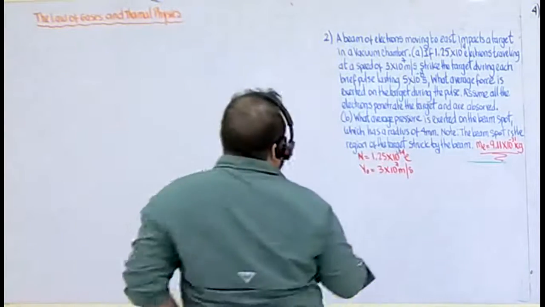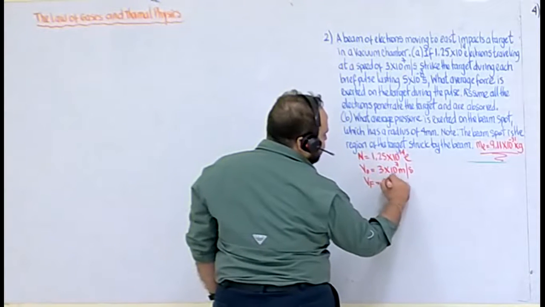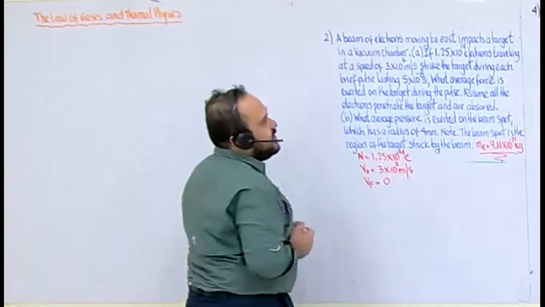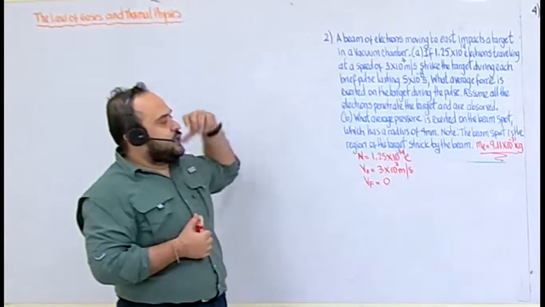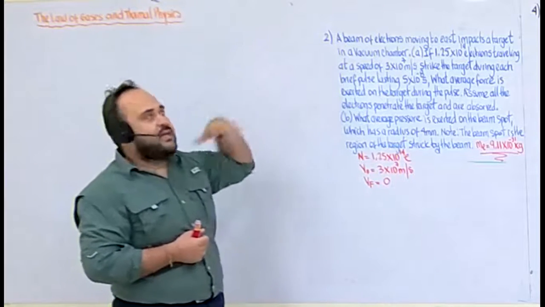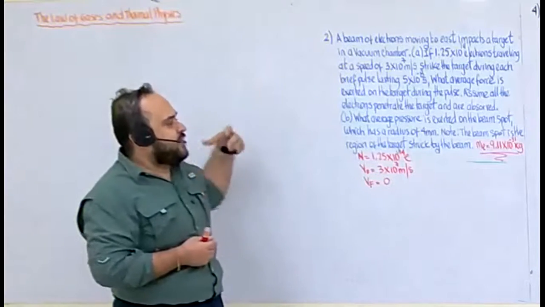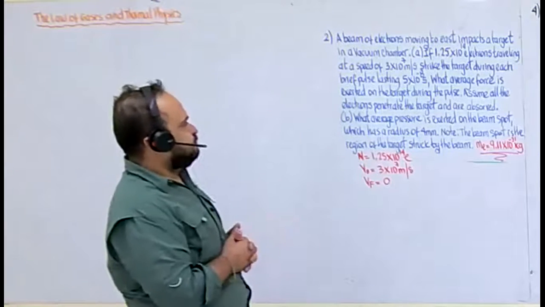What will be the final velocity? Well, my dear students, the final velocity in this situation will be 0, because at the moment of impact the electrons will be absorbed by the target, so they come to rest. That's why in that situation.